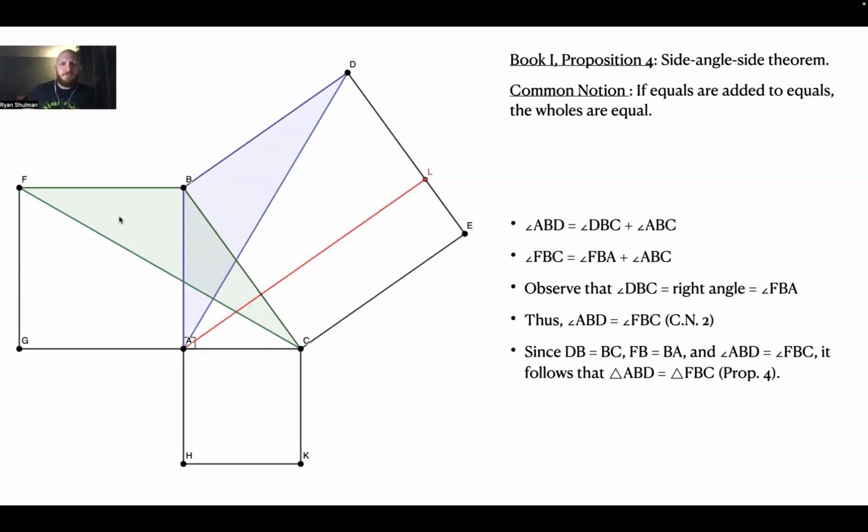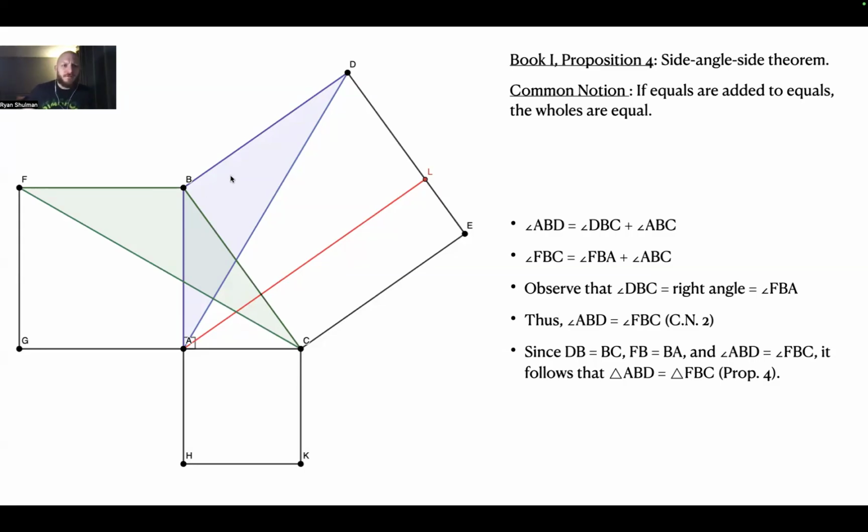And similarly, angle FBC, which is the wide angle on this green triangle, can be written in a very similar way. We can write that as angle FBA plus angle ABC. So this corner of this square, plus the top of our triangle.